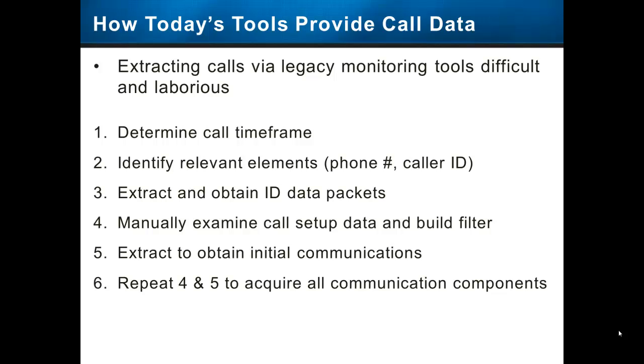Maybe it's a phone number, maybe it's an extension, maybe it's a caller ID value, something that can be used to uniquely identify the call that's going to be of interest. The next step then is to extract the data and obtain the packets which contain that pattern. Then begins a very manual process of examining those call setup packets that have been extracted and iteratively building a filter which will allow for the extraction of the entire call and all of its communication.